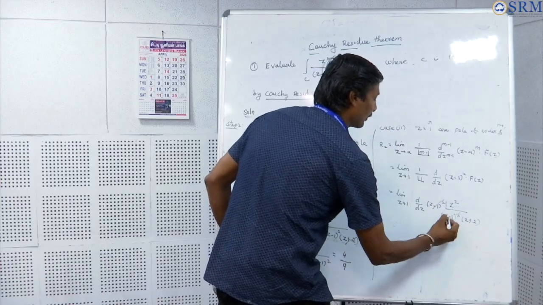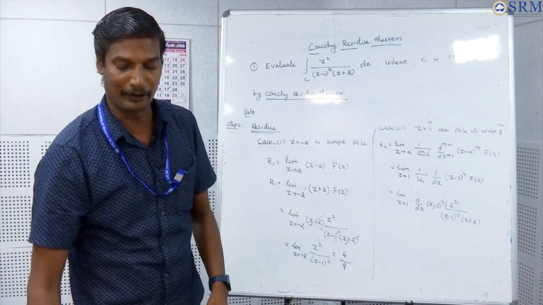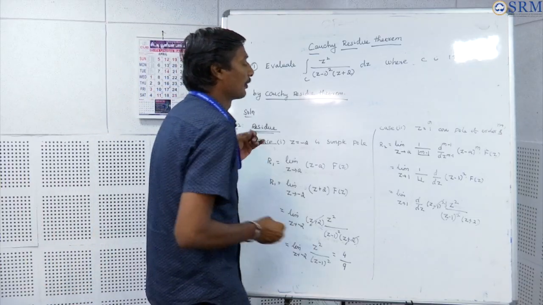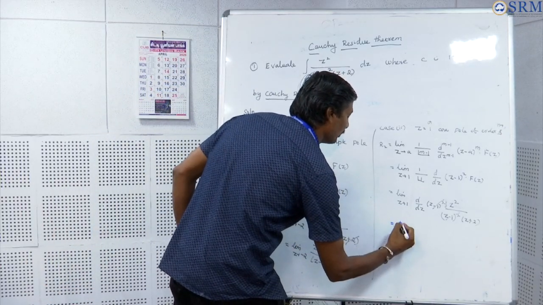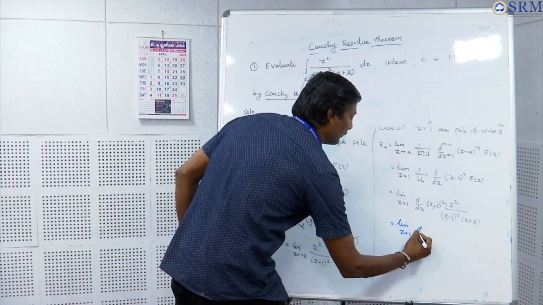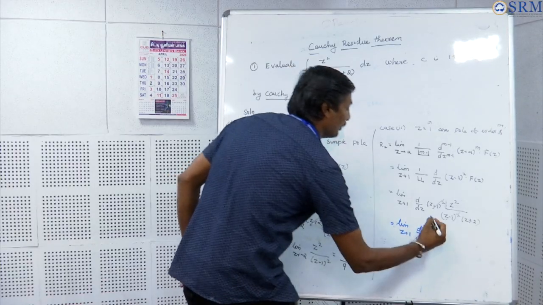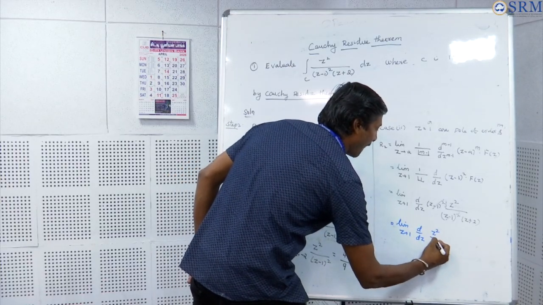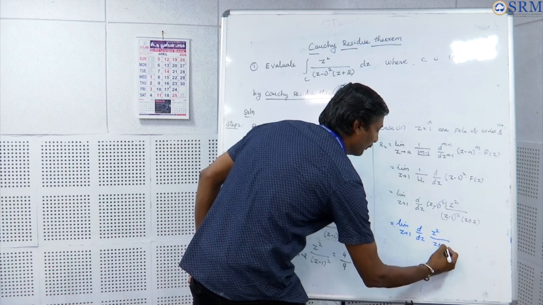So z minus 1 whole square cancels. Now we get limit z tends to 1, d by dz of z square upon z plus 2.